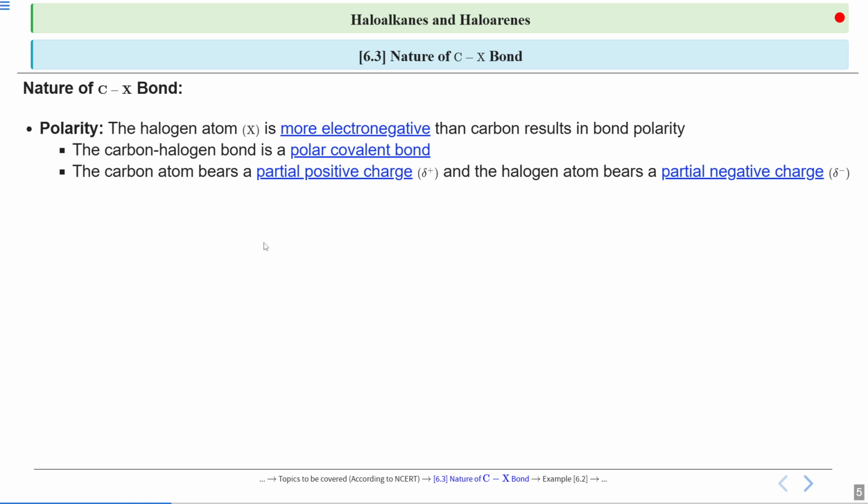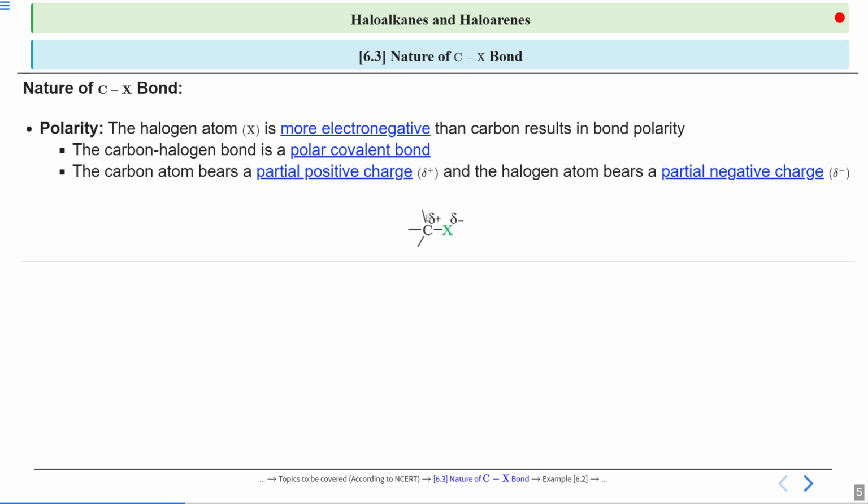So electronegativity is a major factor which determines the bond polarity, due to which this carbon halogen bond becomes polar. As a result the carbon atom gets a partial positive charge, delta positive, and the halogen atom gets a partial negative charge, delta negative. You can see in this figure, the carbon halogen bond is present.